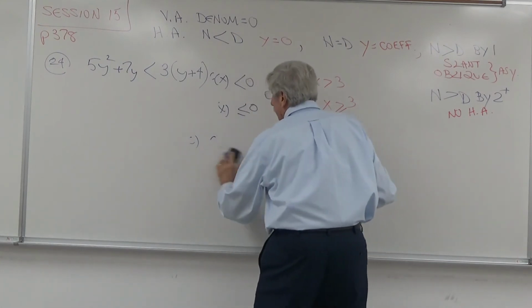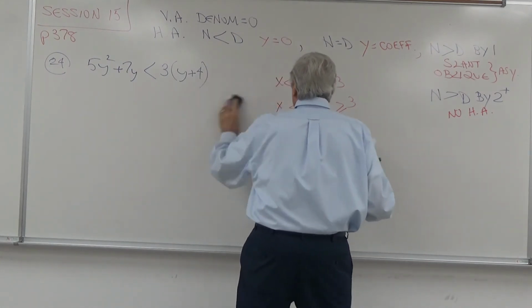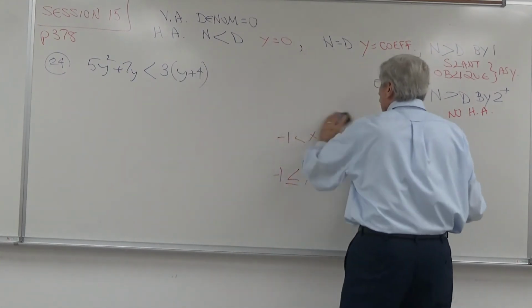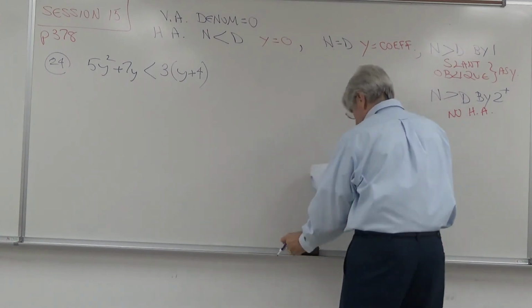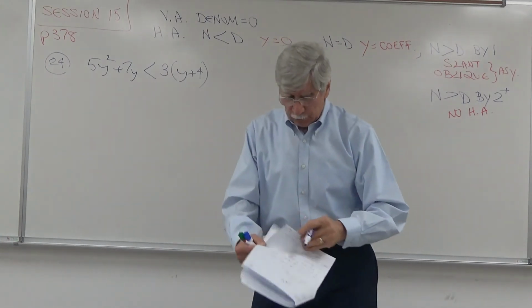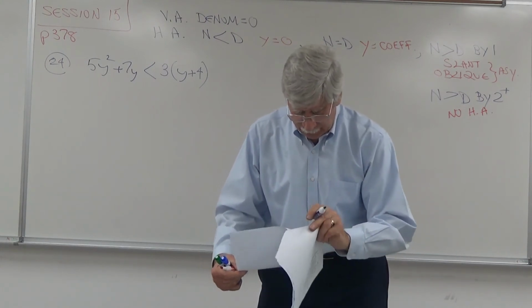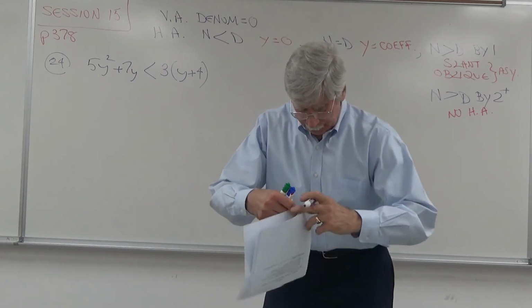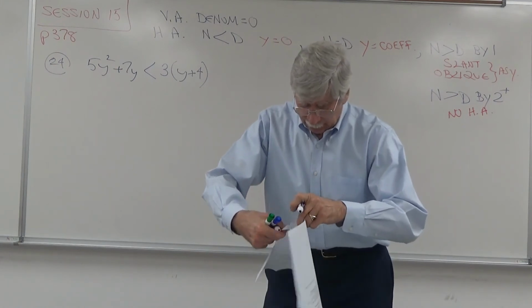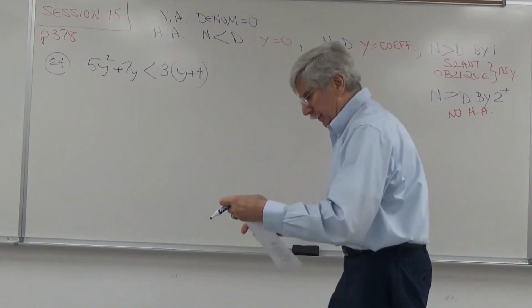I didn't write that down, but if you check the text, it should say solve this inequality. And that's 24. We'll get to that in just a minute. And I think after that we're talking about 37.